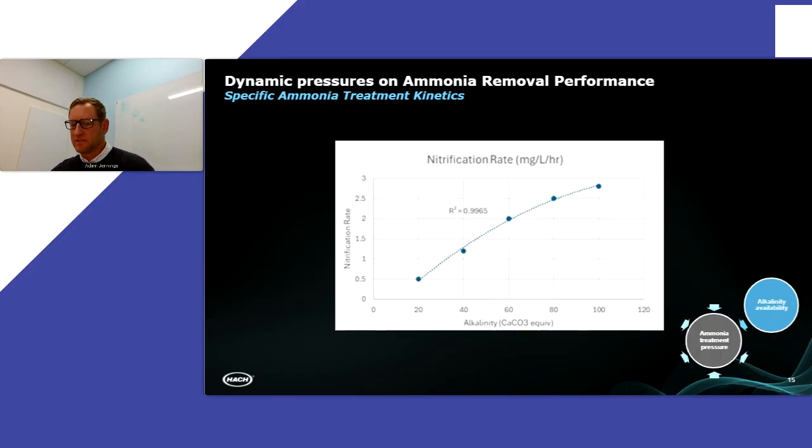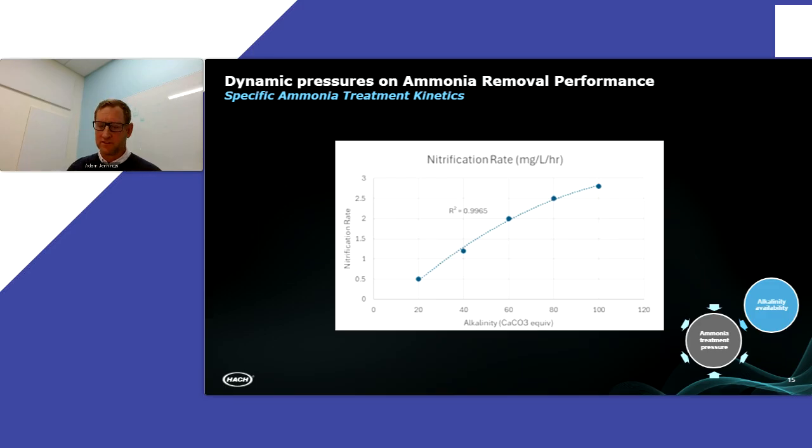Sometimes this is overlooked. It may seem like commonplace information and knowledge, but when we go into treatment plants and we're looking at facilities that are struggling, or struggling in certain seasons, maybe not even all the time, sometimes the issue turns out to be limited alkalinity availability.